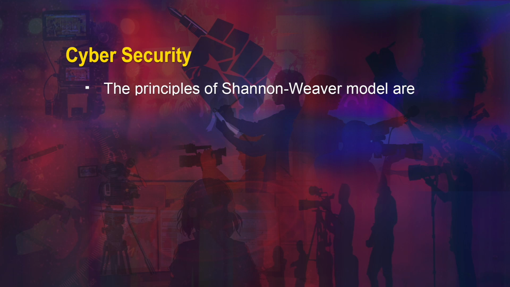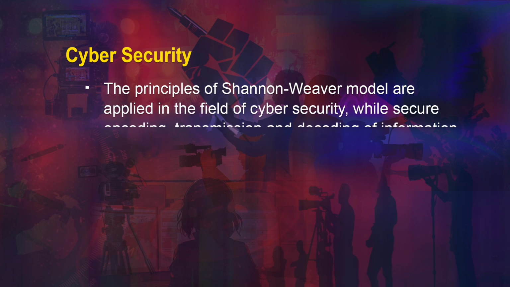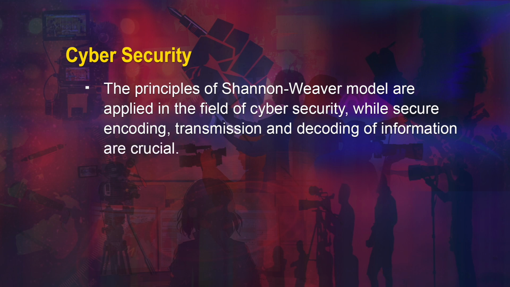Cyber security. The principles of Shannon and Weaver's model are applied in the field of cyber security. While secure encoding, transmission and decoding of information are crucial, the model helps in understanding and addressing potential vulnerabilities and mitigating risks in digital communication.